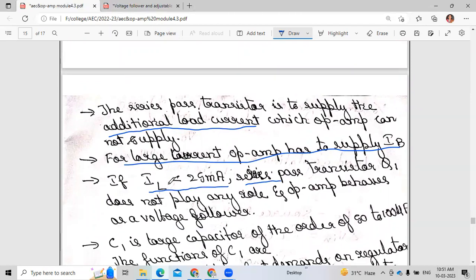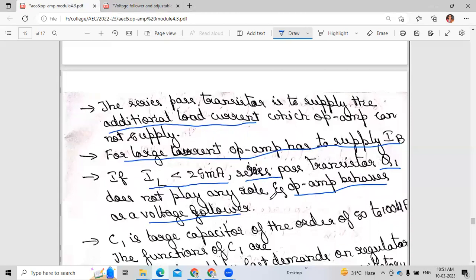Only the op-amp will work. If the load current is greater than that, then the transistor will supply the current.